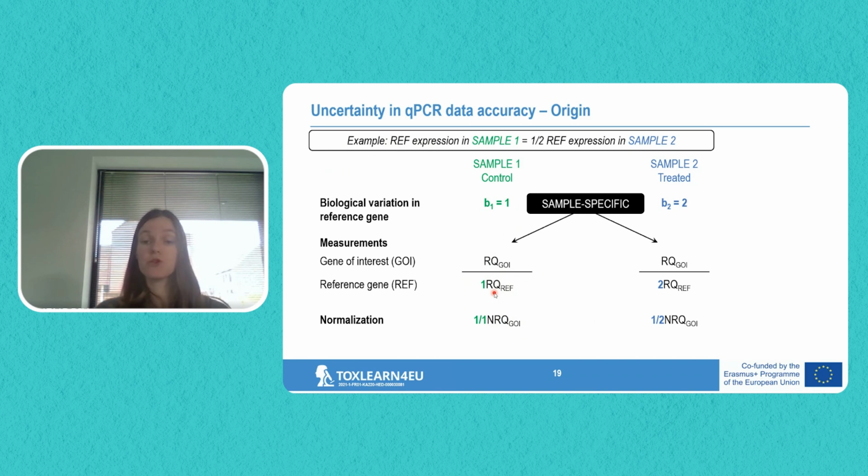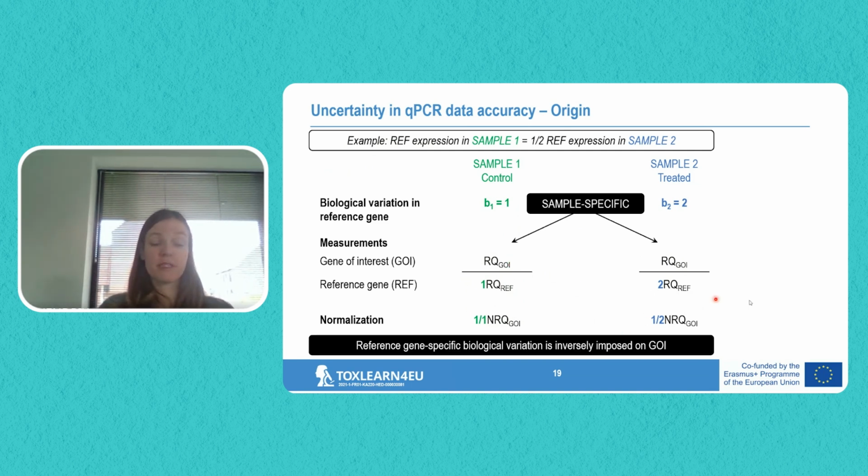However, in sample 2, you will divide this RQ value of the gene of interest by 2. So here, normalizing the data will have a very strong impact on the final result, because in this case, there will be a twofold difference between the non-normalized and the normalized data.